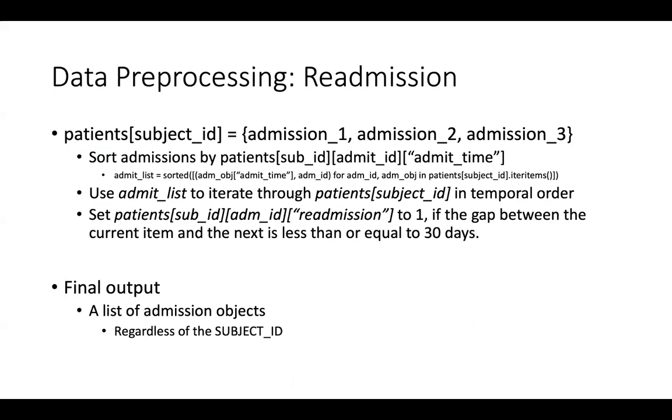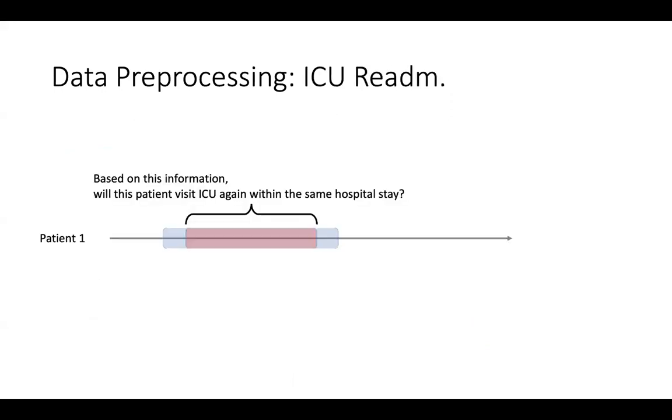So that was hospital level readmission prediction, and it was time to take a look at the ICU level readmission prediction. So based on the red information here, will this patient visit the ICU again within the same hospital stay? As I said, it's totally fine in practice to use information from all parts, including this blue bar here, or if you had access, maybe anything that happened within here as well.